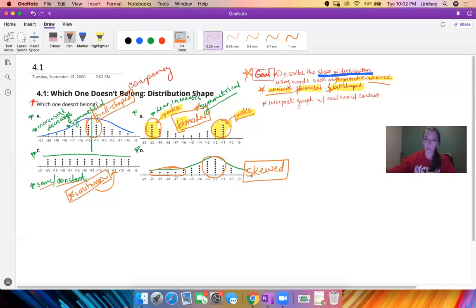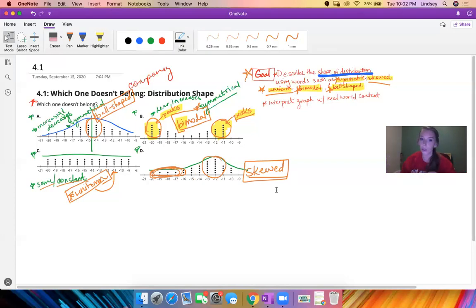That's what skewed means. So when you see a graph that has the majority of the data off to the side and just a little bit of random data off to the other side, that's going to be skewed data. And that's going to be important to know because skewed data is going to tell us a lot of other stuff about the data, about whatever information we're looking at.